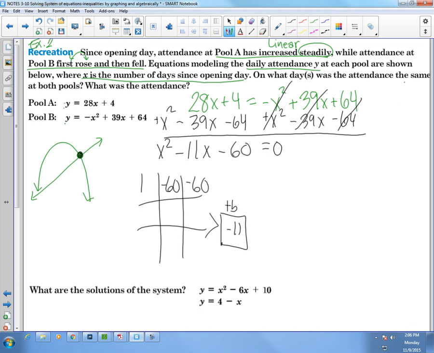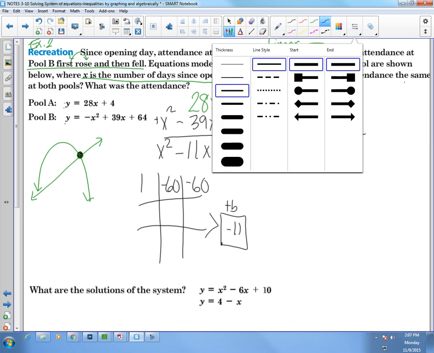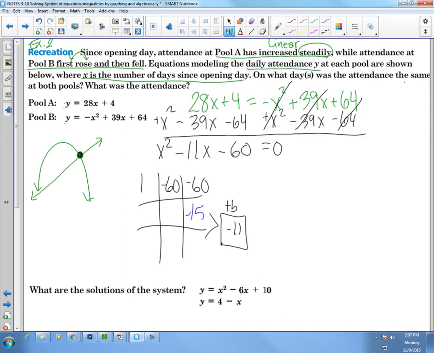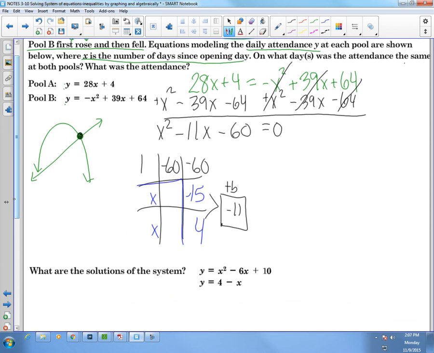Can you think of two numbers that multiply to negative 60 and add to negative 11? Ooh, I think that might work actually. Negative 15 and 4, does that work? Yeah, good. Good job, Thomas. Negative 15 and 4. Let's get our binomials.